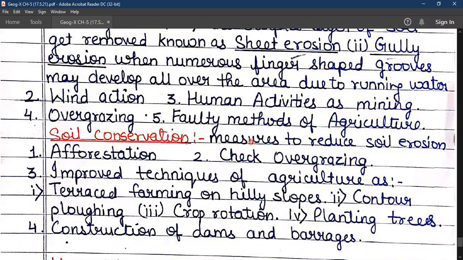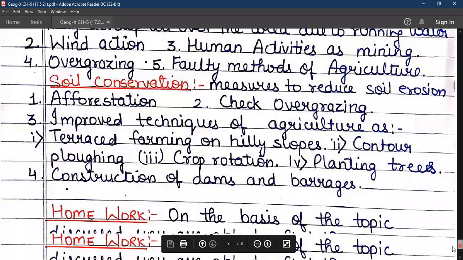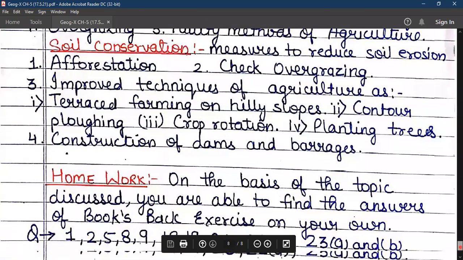So the measures taken to reduce soil erosion are: number 1, afforestation; number 2, checking overgrazing; number 3, improved techniques of agriculture, such as terraced farming on hilly slopes, contour plowing, crop rotation, and planting trees. Number 4, construction of dams and barrages.